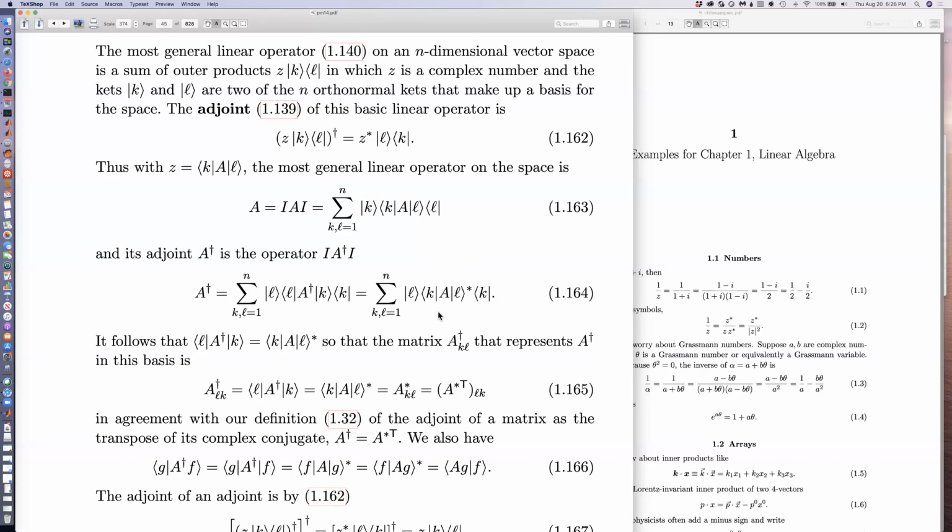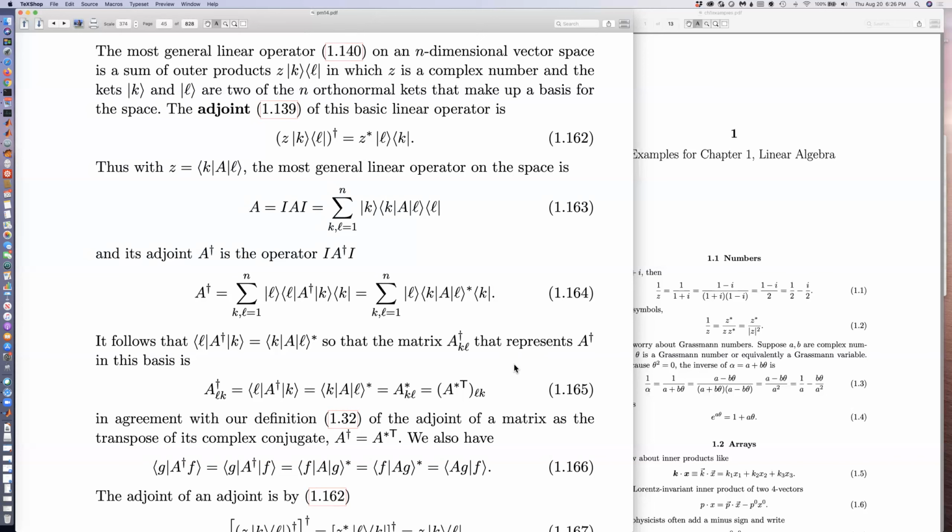So the inner product of bra L, adjoint of operator A, ket K, is bra K, linear operator A, ket L, and the complex conjugate of the resulting number.